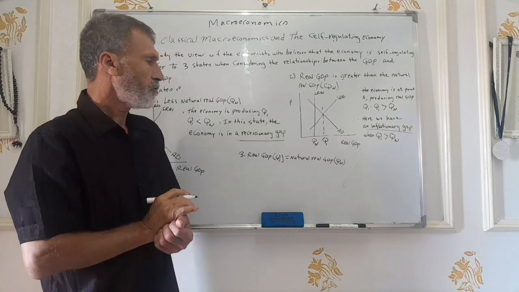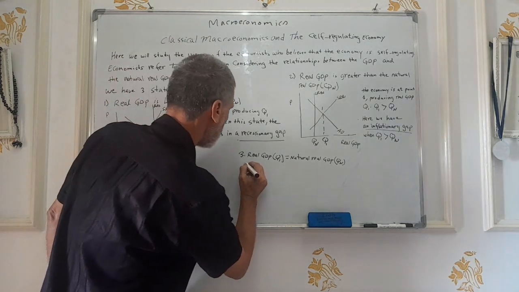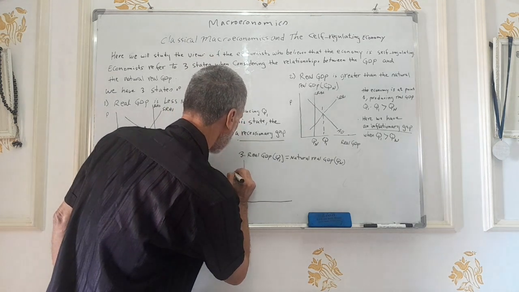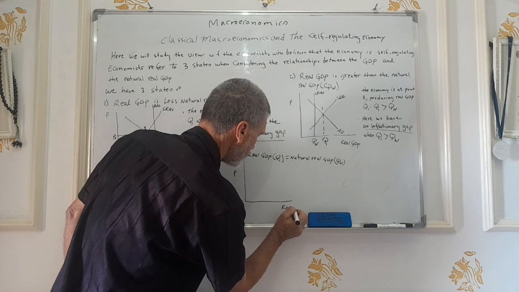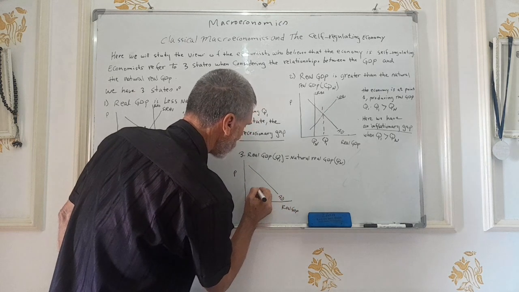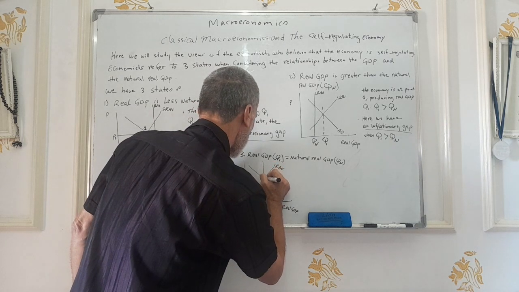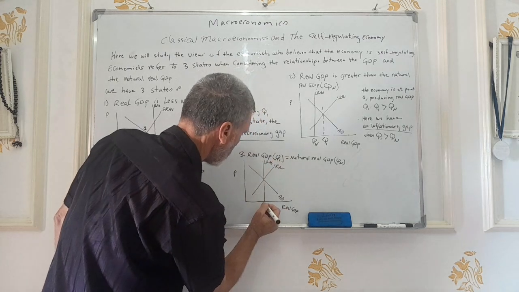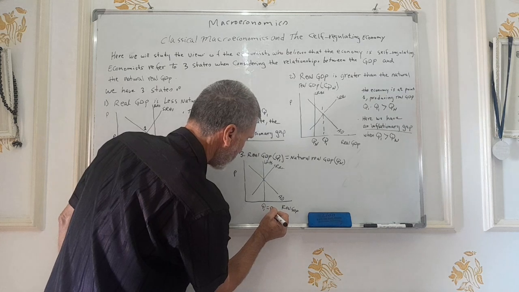Here we're going to call that long-run equilibrium. So graphically, this is price, this is real GDP, this is aggregate demand, this is short-run aggregate supply, and this is long-run aggregate supply. Here Q1 equals Qn.